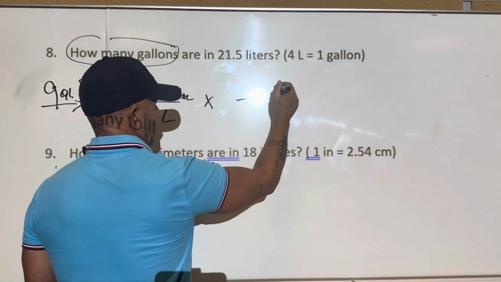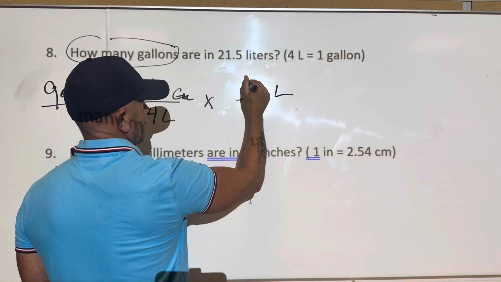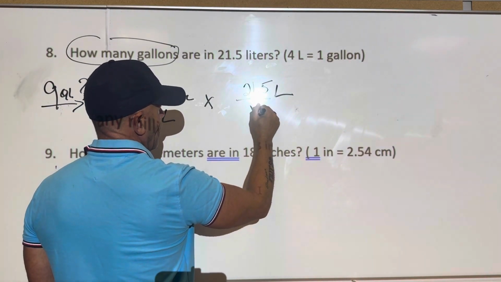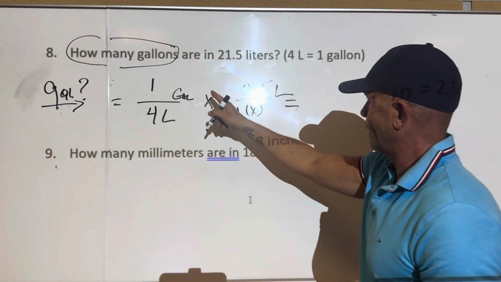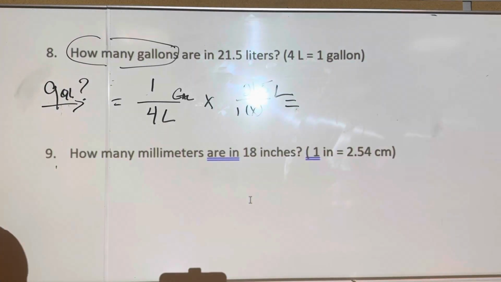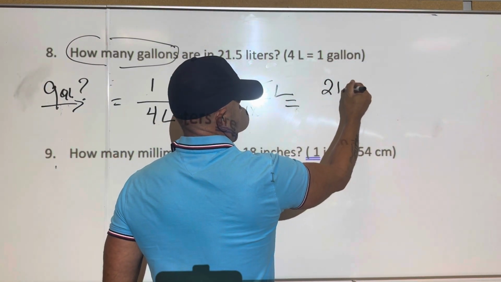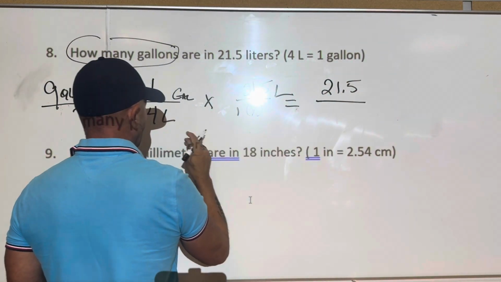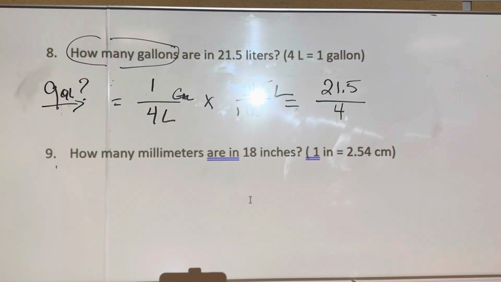Remember, up, liters. They're asking how many gallons in 21.5. So 21.5 over your x, or 1, and then we take 21.5 times 21.5, because 1 times 21.5 is 21.5, over 4 times 1 is 4.